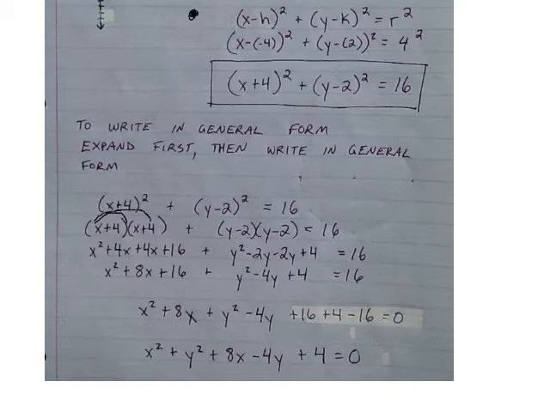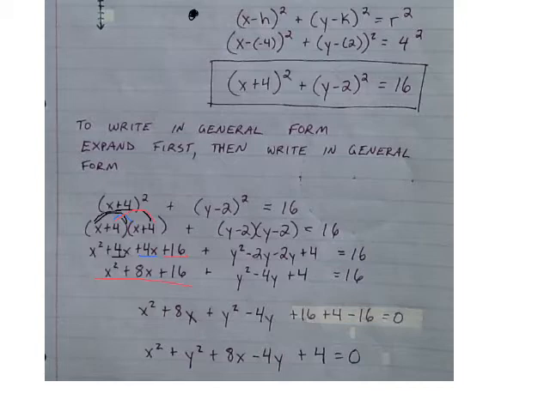X times x is x squared, x times 4 is 4x, 4 times x is 4x, and 4 times 4 is 16. Then I simplify that down to x squared plus 8x plus 16.